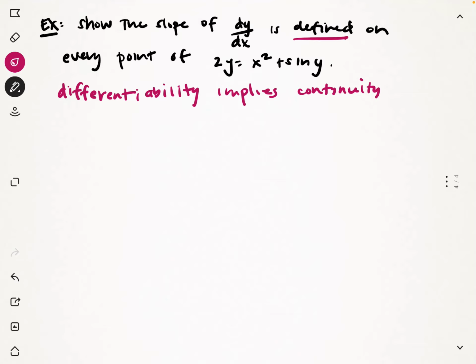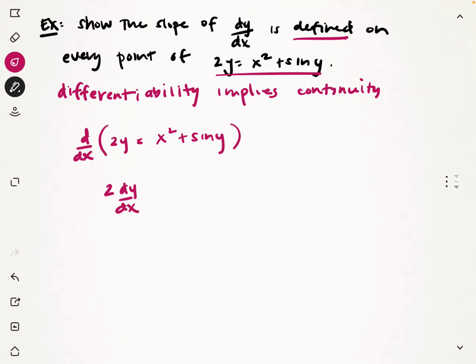All right, so what we're going to do is take the derivative of this with respect to x. So the derivative of the first part is going to be 2. Derivative of y is 1, but we still have to do dy/dx for that because we derived y with respect to x.